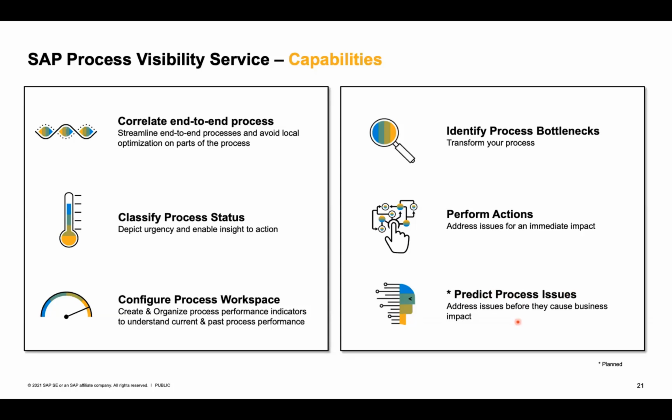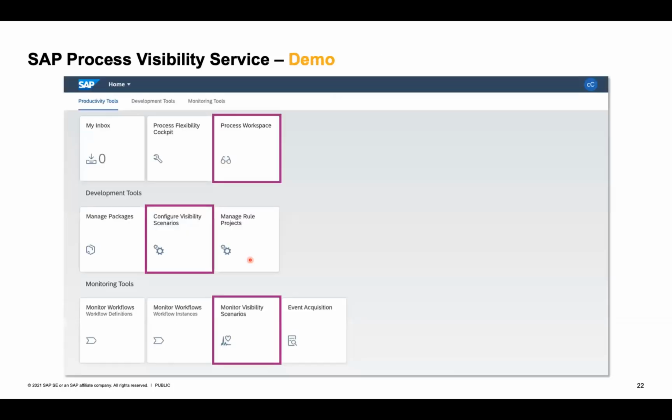So the vision is to have machine learning or artificial intelligence capabilities that can help to predict certain issues that could occur in a process even before they actually happen. So these three types that you see here are the main entry points to use this service.